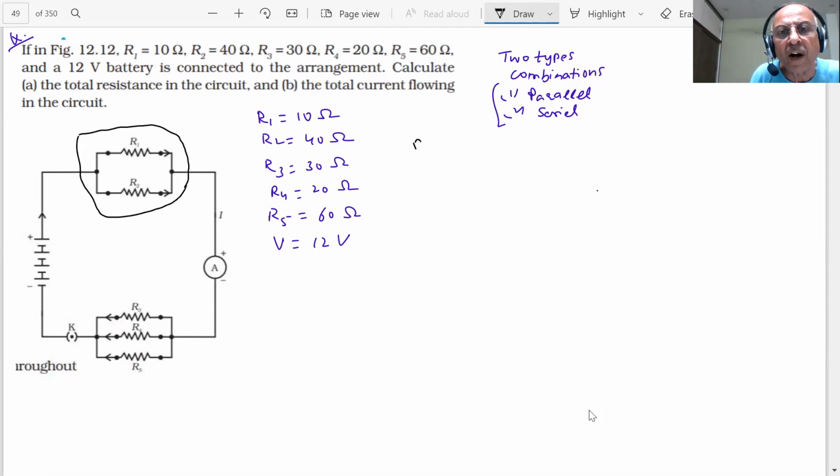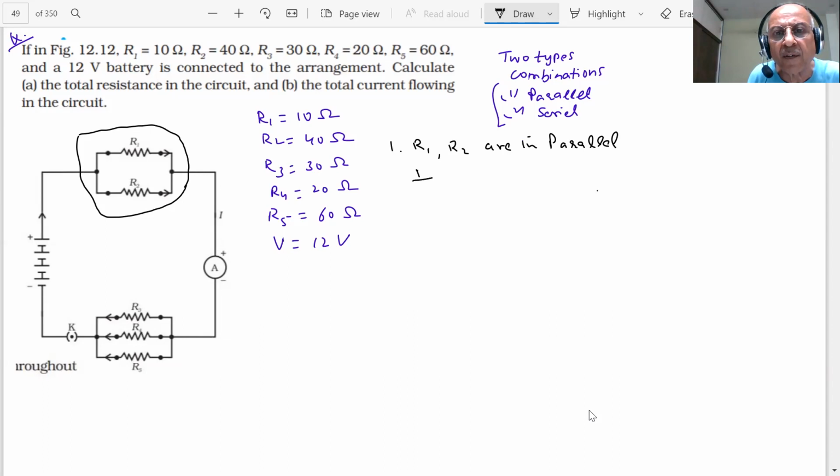I can say that R1 and R2 are in parallel, student. I can identify number 1 point. And if they are in parallel, what will be their effective resistance, student? I can replace these two by one resistor, which will be the effective resistor of this.